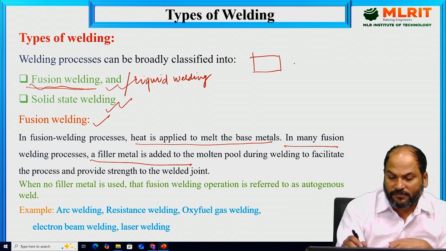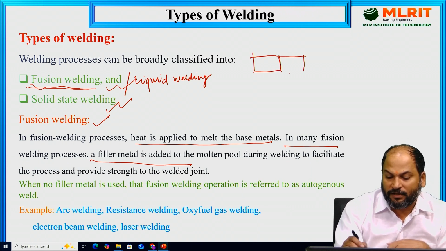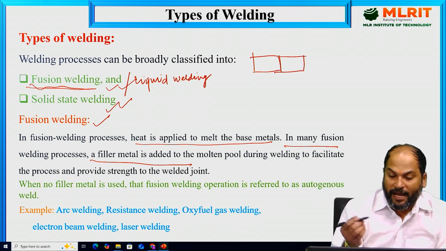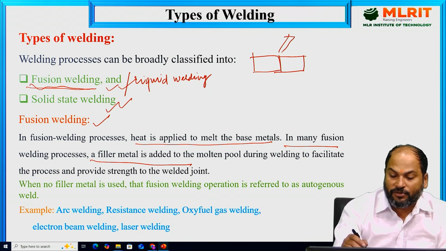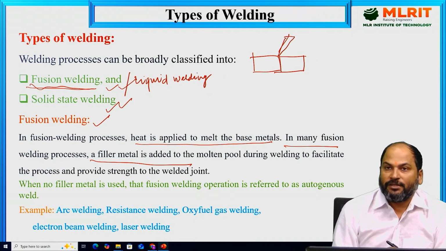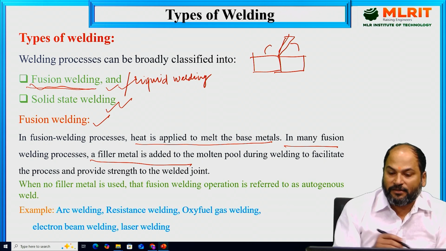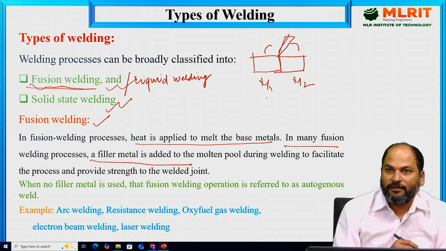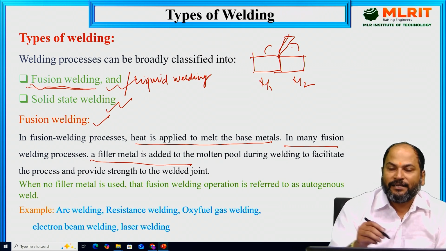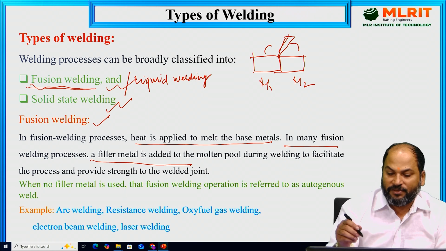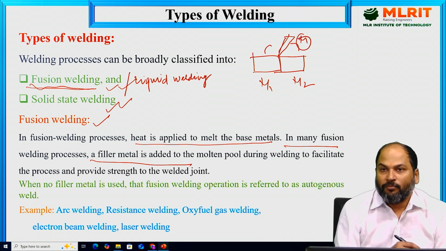Suppose this is one metal and this is another metal that I am going to weld, and I am using a filler metal during the welding, having the same nature as the parent metal. Suppose these two are M1, M2. M1, M2 means this is mild steel piece 1 and this is mild steel piece 2. If I am using a filler having the same nature, meaning this is also mild steel, then this is known as homogeneous welding. This is one of the classifications of welding.